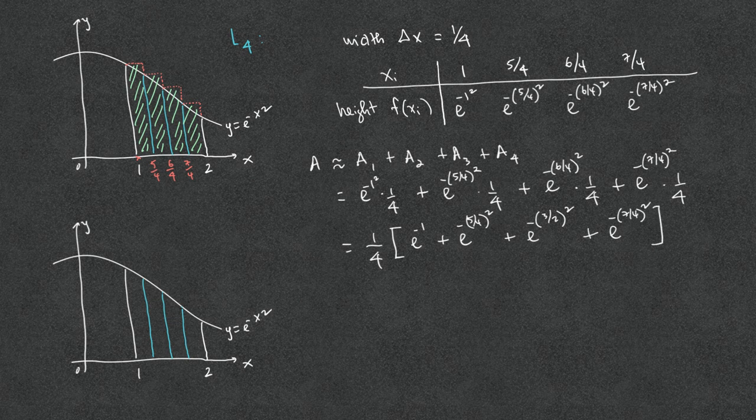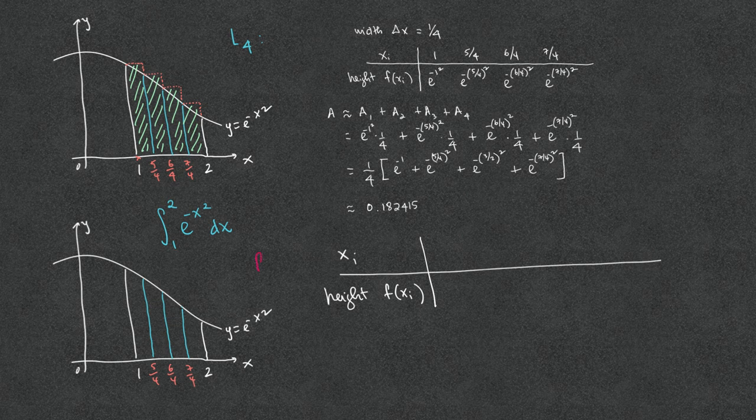Notice that there is no need to simplify the fraction because we will use a calculator to obtain a numerical value for this expression. This will be 0.182415, rounded to 6 decimal places. This is the left sum estimate for the integral from x equals 1 to x equals 2 of e to the negative x squared dx using 4 rectangles with the left endpoints.